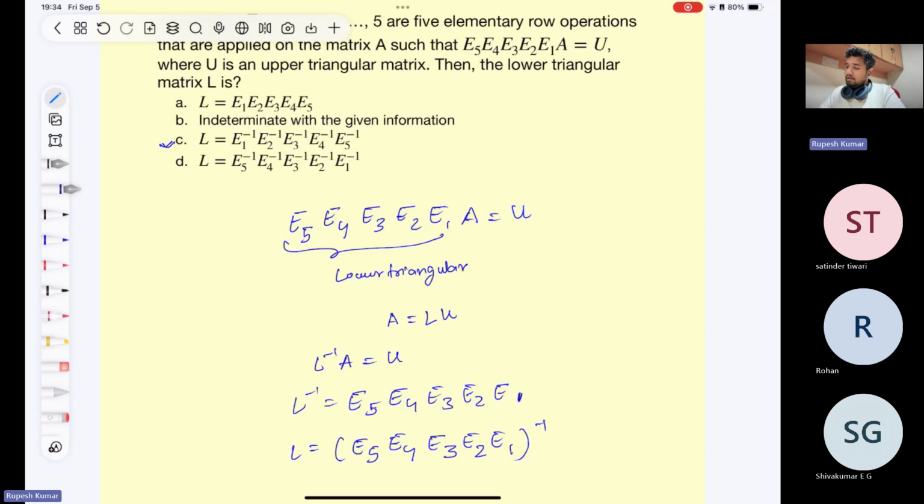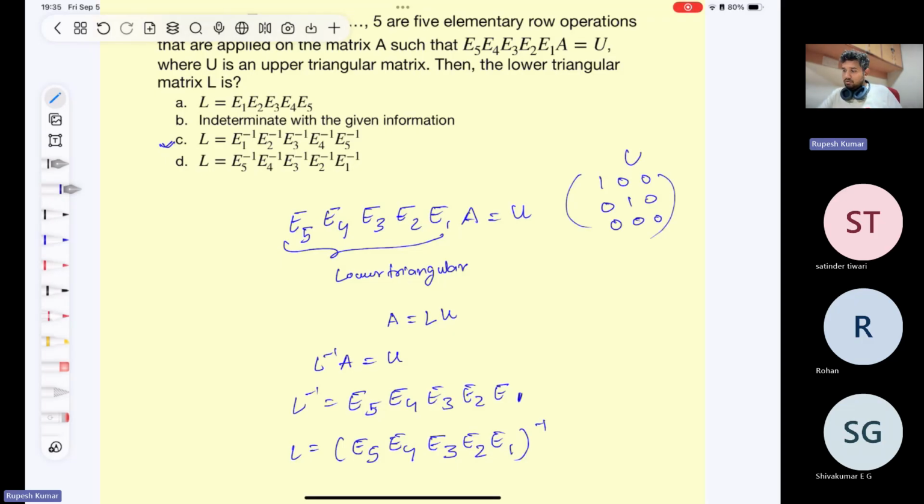Easiest way, let's say U is a zero matrix. We are saying U is upper triangular, so this is also an upper triangular matrix, right? No, let me not take this. This is a very trivial case. But let me take some good example where it becomes 100, 010, 000, something like this.